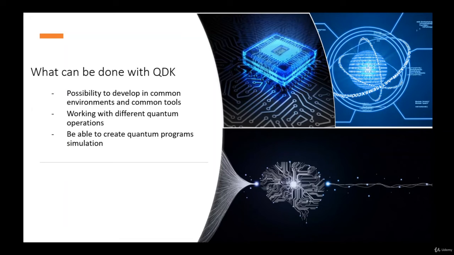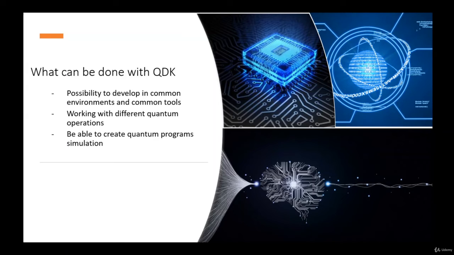All right, what exactly can you do with the QDK, the Quantum Development Kit? You have the possibility to develop in common environments and common tools. What does this mean? It's possible to integrate quantum development with different programs, such as Visual Studio, or a very popular notebook, the Jupyter notebook.